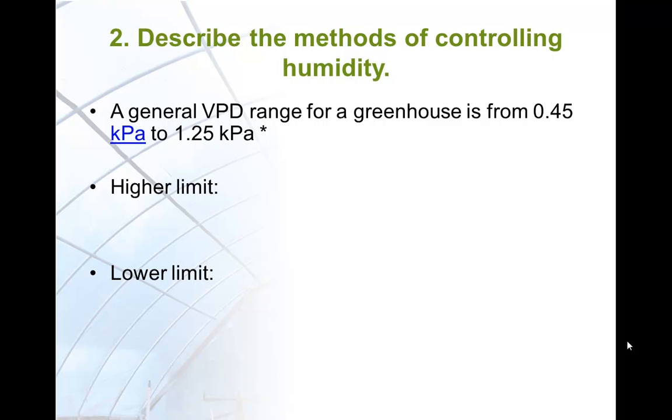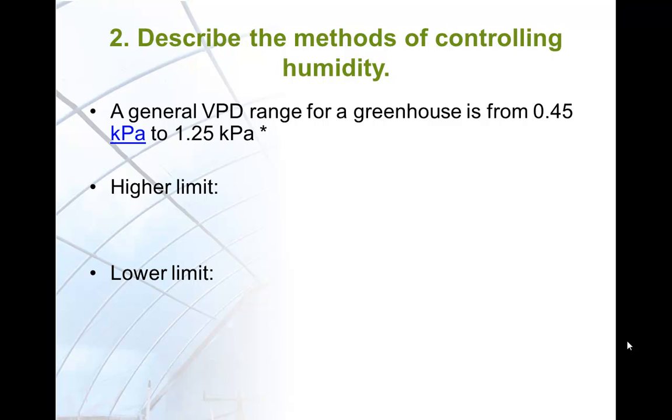Before we look at this number, 0.45 kilopascal to 1.25 kilopascal range, I want to emphasize that each crop has different optimal VPD ranges. What we discuss here is just a general rule of thumb. A general VPD range for a greenhouse is from 0.45 kilopascal to 1.25 kilopascal.